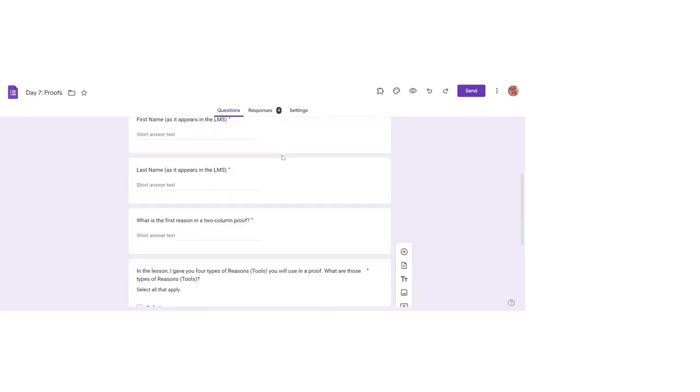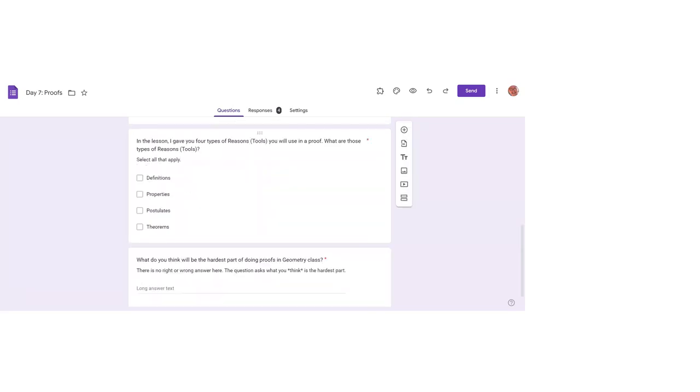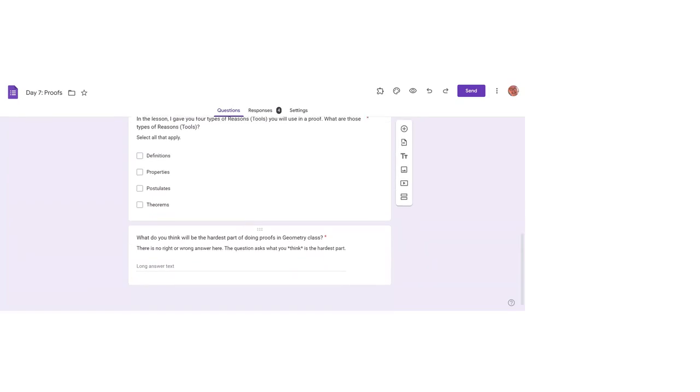Just to review the questions: in this lesson, I gave you 4 types of reasons or thinking tools that you will use in a proof. What are those types? Definitions, properties, postulates, and theorems. Last question: what do you think will be the hardest part of doing proofs? There's no right or wrong, but just reflect on what we've done and think about what will be challenging or not.